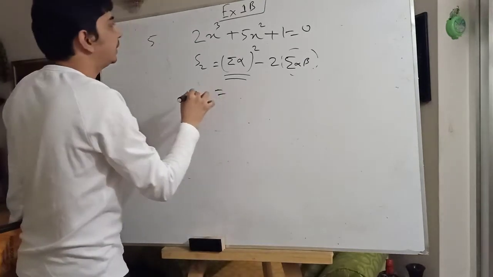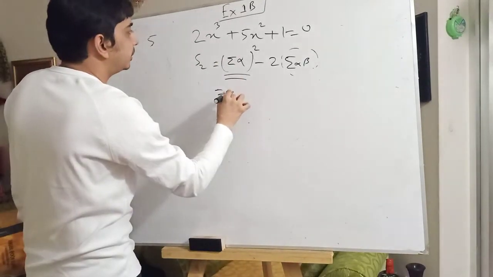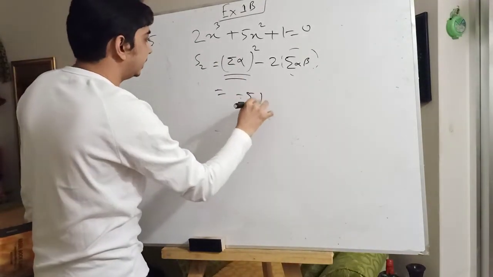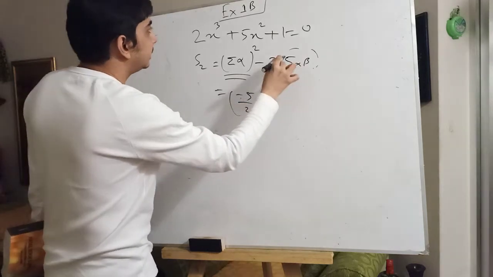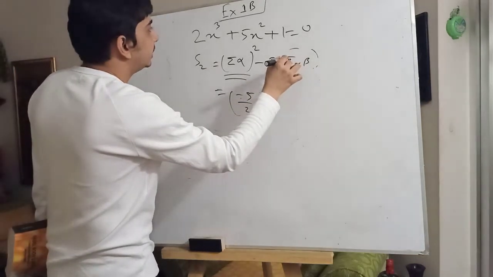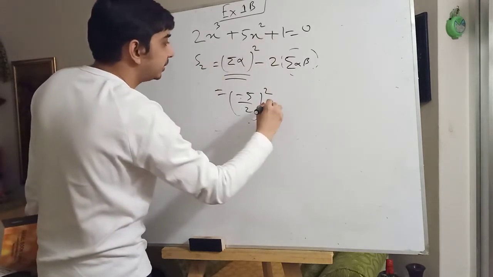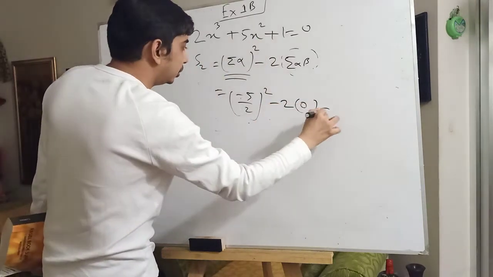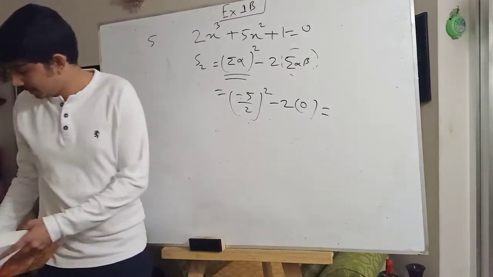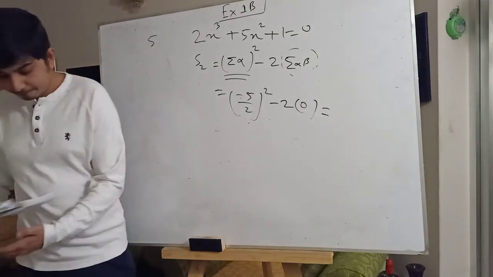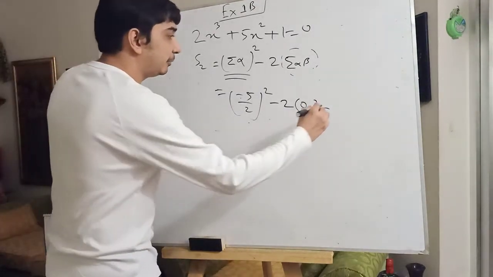So what is the value of S2? This is minus 5 by 2 whole square, and if you notice here, the coefficient of x is 0, so it will be 0 by 2, so it is minus 2 into 0. So the answer is 25 by 4.